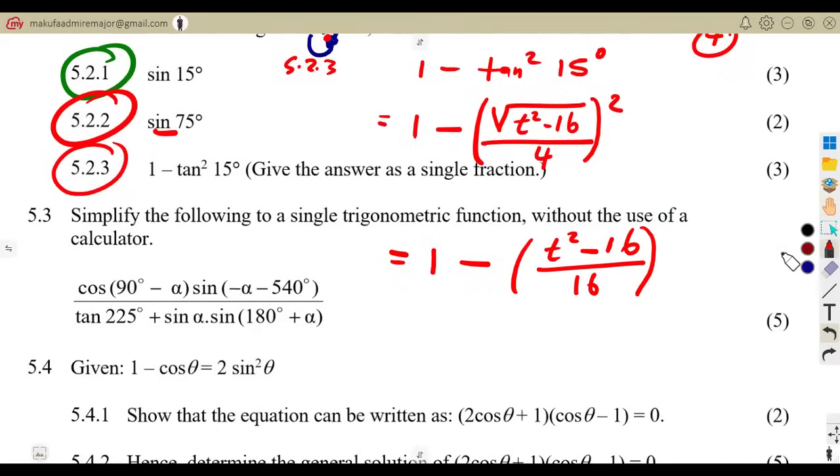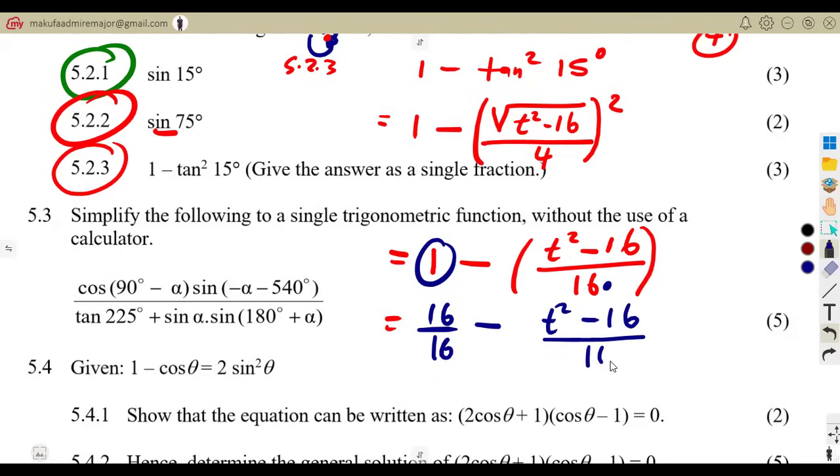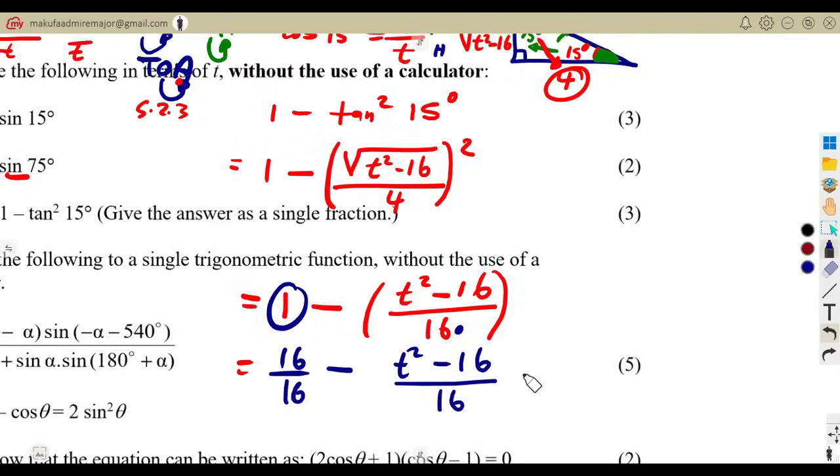We are subtracting. Lucky enough, this is 1, and 1 can be expressed with a denominator of any number. If you're given 16, that's 16 over 16. If you're given 7, 7 over 7. So we can rewrite this 1 as 16 over 16, minus this t squared minus 16 over 16. This allows us to simply subtract because the denominators are the same.